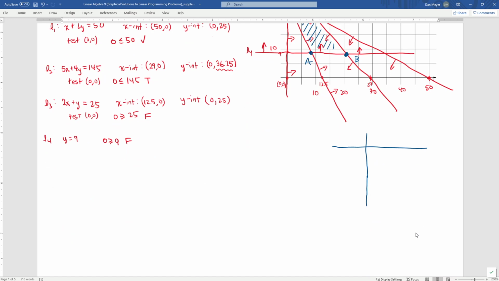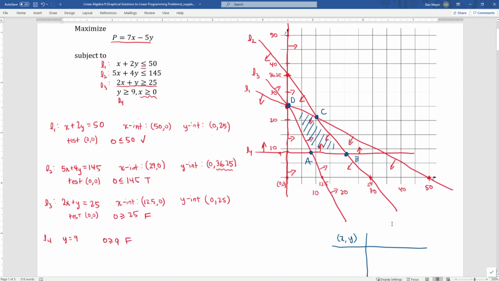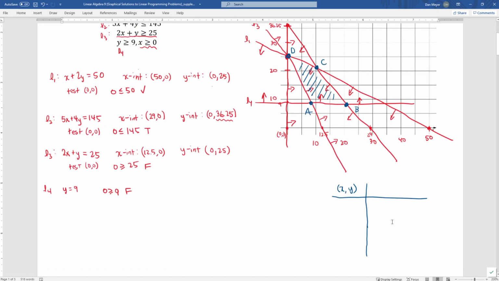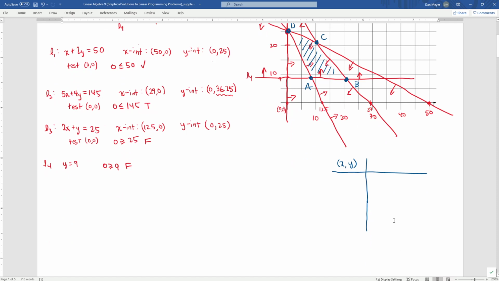We usually use a t-chart with our corner points, x, y, and our objective function, 7x minus 5y. So we're going to have 4 corner points here, A, B, C, and D. And we've already got one of those. D is the point (0, 25).